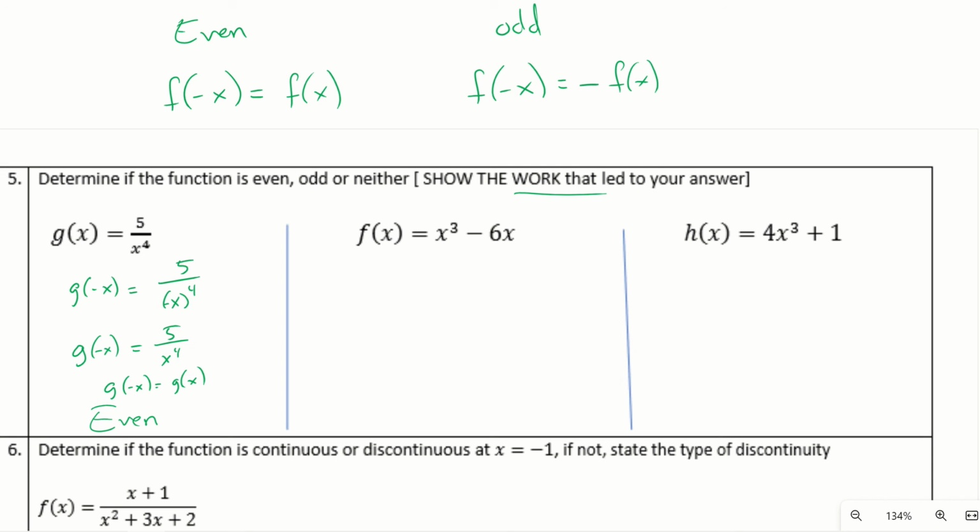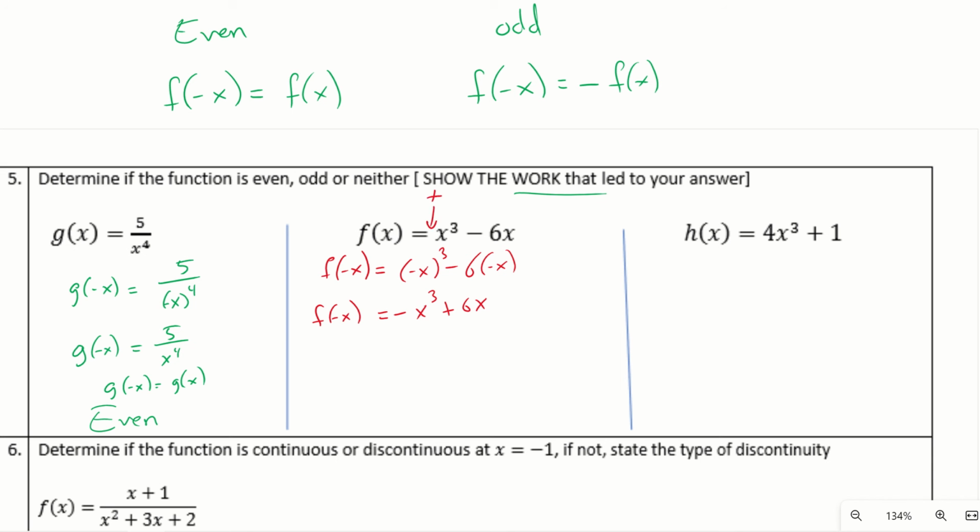Looking at the second one, we have f of -x, because again, it's the same step. We're going to take x, replace it with -x, and simplify. Here we have a negative number raised to an odd exponent, which means we're going to end up with a negative. And then we have a negative times a negative, which means we have a positive x. Even though it looks like the whole thing didn't switch, we have to look at what we started with.